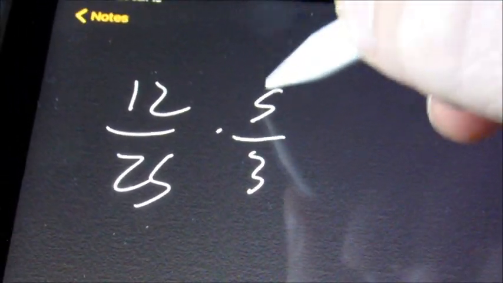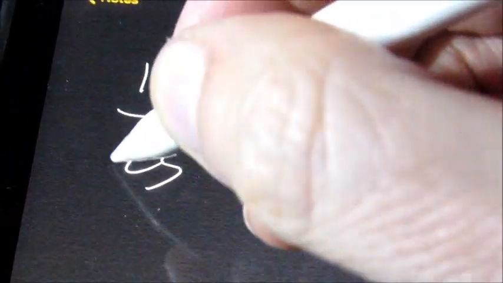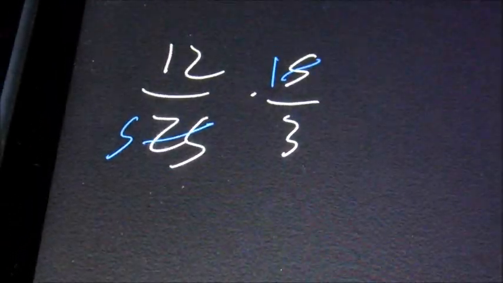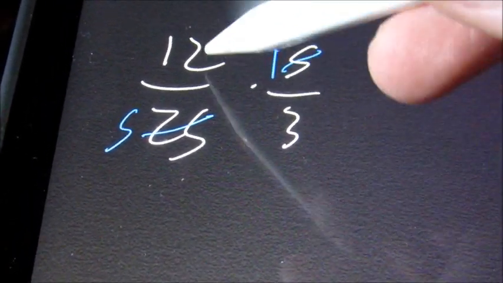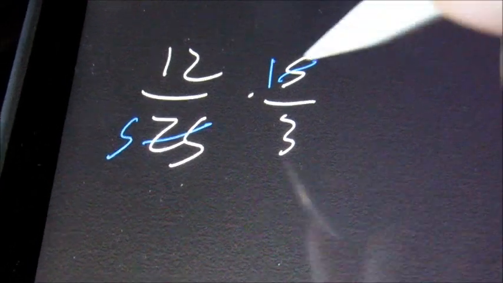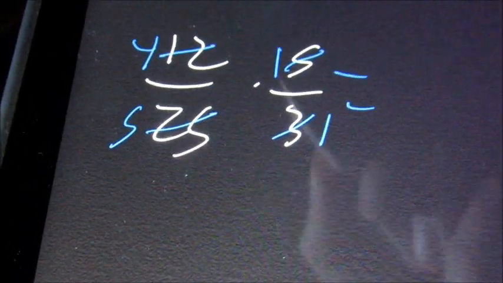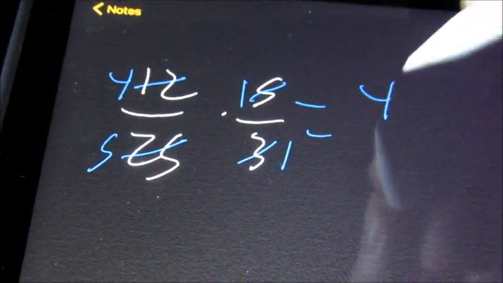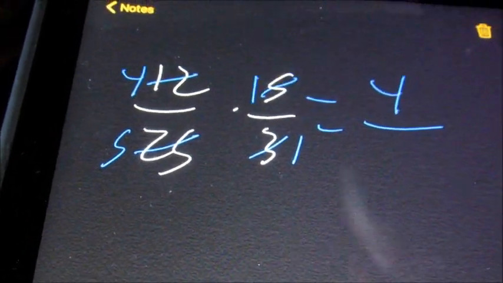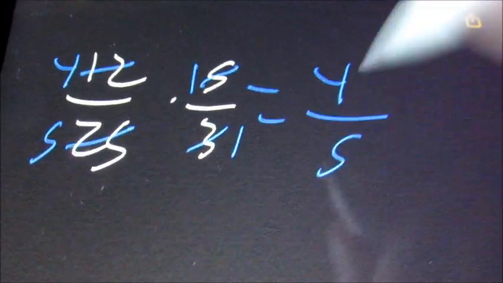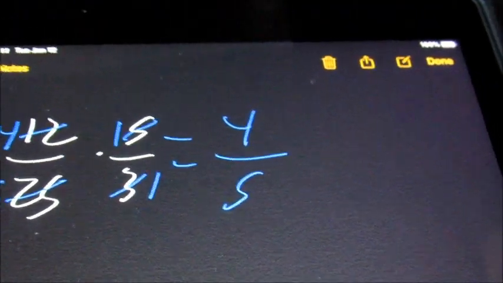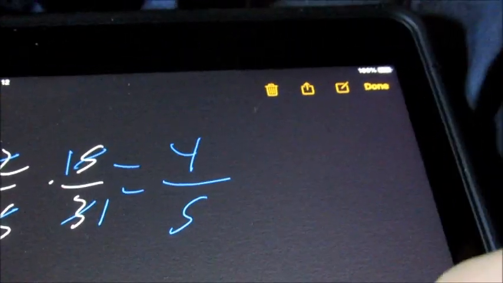So 5 divided by 5 becomes 1. 25 divided by 5 becomes 5. And then 3 and 12 can both be divided by 3. So 3 divided by 3 is 1. 12 divided by 3 is 4. So now we have 4 times 1, which is 4, over 5 times 1, which is 5. So our answer here would be 4 over 5.